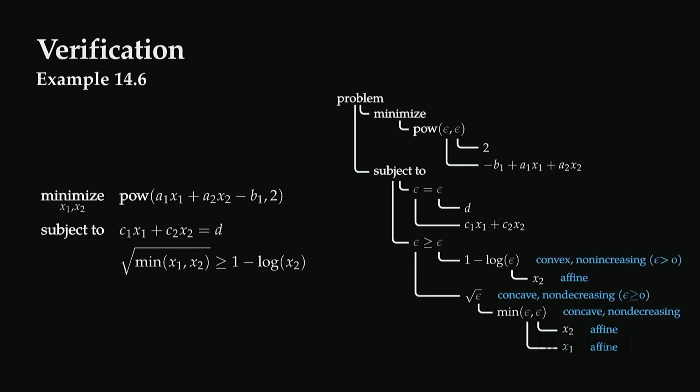It's convex. And you end up with concave is greater than or equal to convex. Check. For the other constraint, you get affine equals affine. Check. And then for our objective, you get affine squared is convex. Check. So that's it. You know how to do verification.